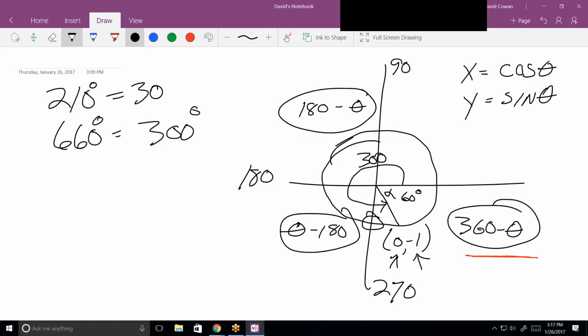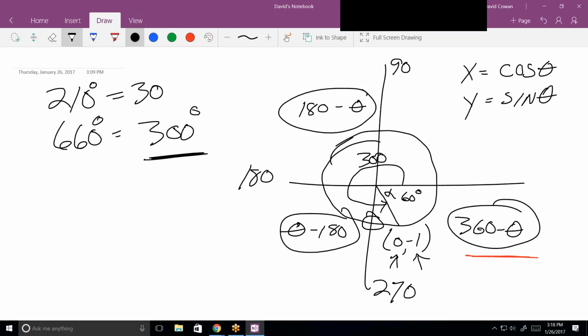If we had talked about this problem before when we were covering the unit circle, I would have said it's the same as 300, which is correct because the equivalent first quadrant angle is 360 minus 300, or 60.